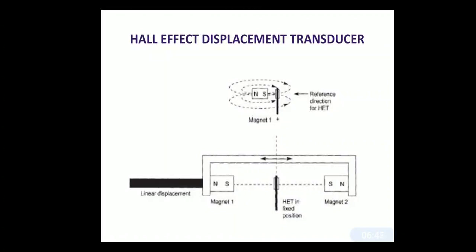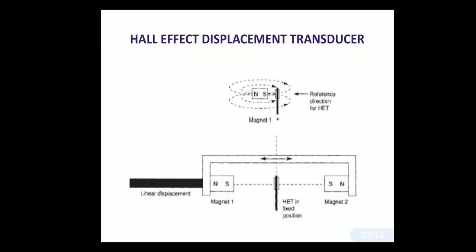When magnet 1 comes closer to the HET, the Hall voltage will increase. Similarly, when magnet 2 comes close to the HET, there will be a corresponding decrease in the Hall voltage. So this change in voltage, or the direction of change in voltage, will be directly related to the displacement.